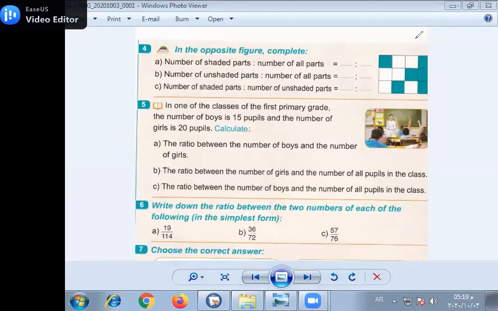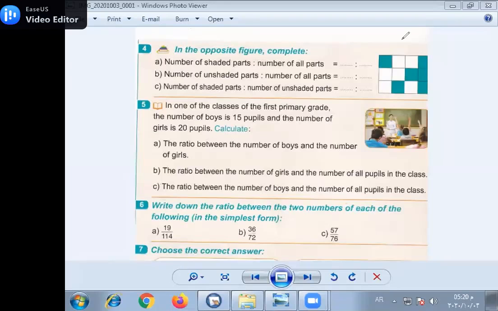Yes. Mariam, it's your turn. In the opposite figure, complete number A: number of shaded parts to number of all parts. How many shaded parts in this shape? 12. Are you sure?